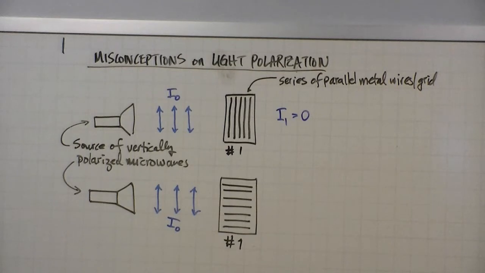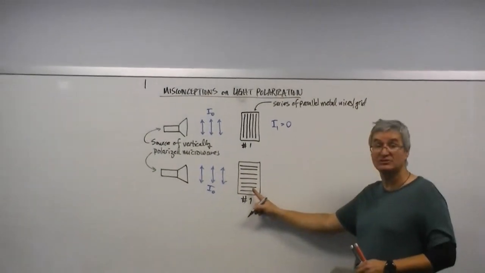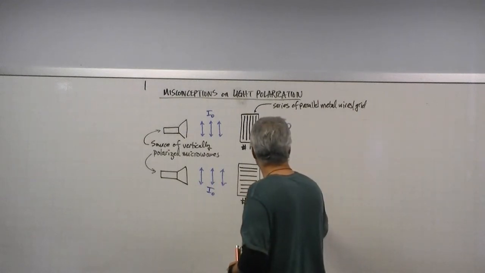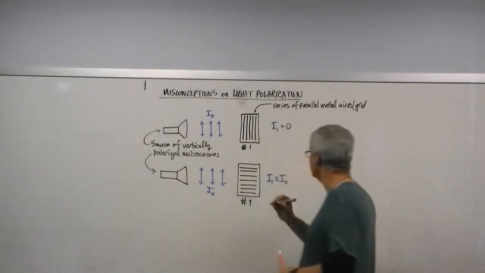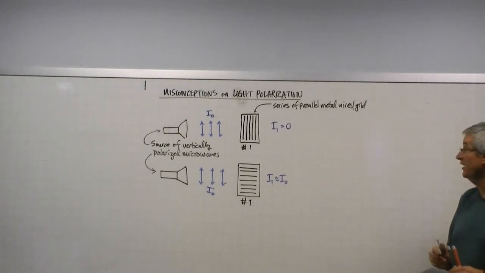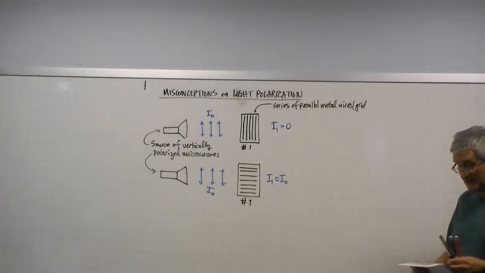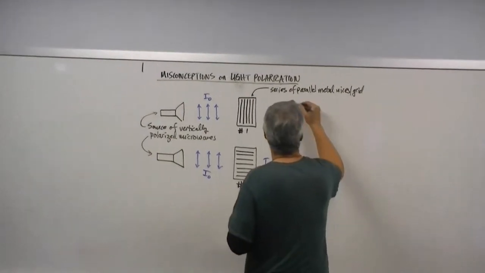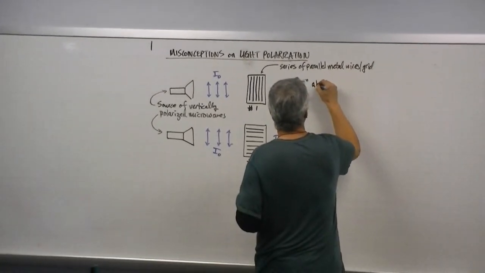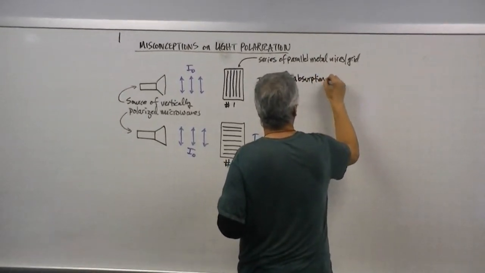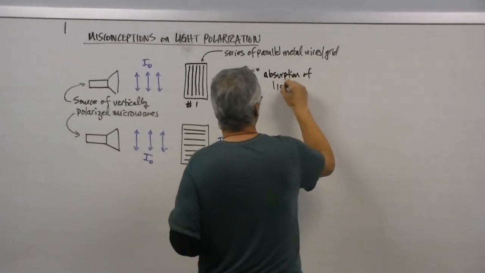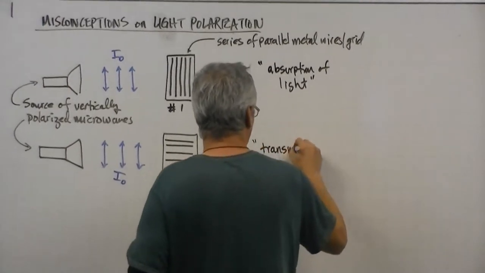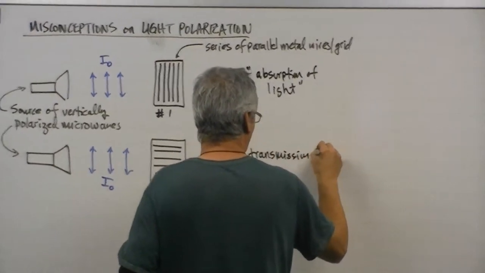However, the light intensity after this horizontal polarizer, where the light is perpendicular, is effectively exactly the same as the initial intensity. So here you get absorption of light, and in this case you get transmission of light.